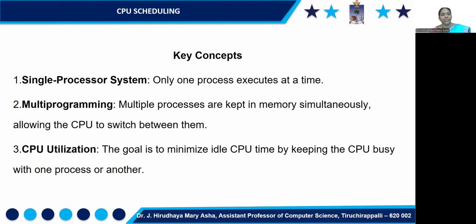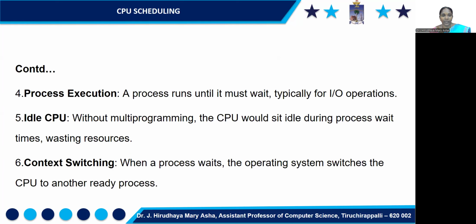And the third one is CPU utilization. In this, the CPU idleness should be minimized and the CPU kept busy all the time with one process or the other. And the next one is process execution. In this, a process should run, otherwise it must be in a waiting state.